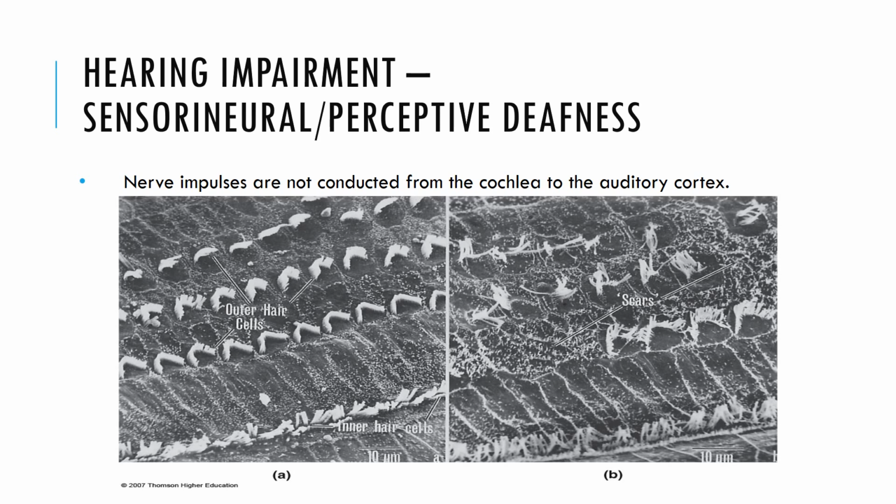Typically, high frequency sounds are affected first, more so than low frequency sounds. And so there might be some hope for those with cochlear implants. However, a lot of times those are not as effective for all types.